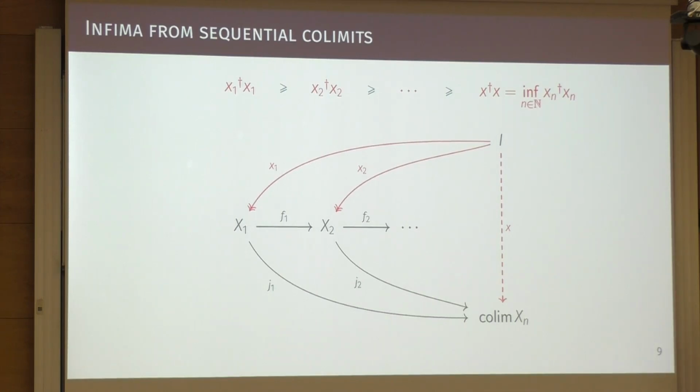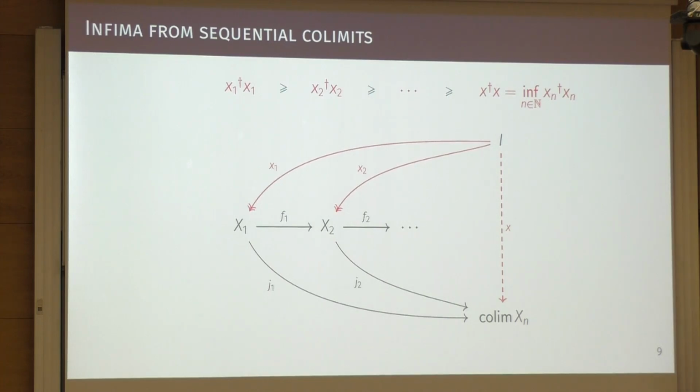So I think this is really nice the way it works out. It's just quite satisfying, and it really tells you where some kind of completeness within the semifield is coming from: this existence of sequential colimits.